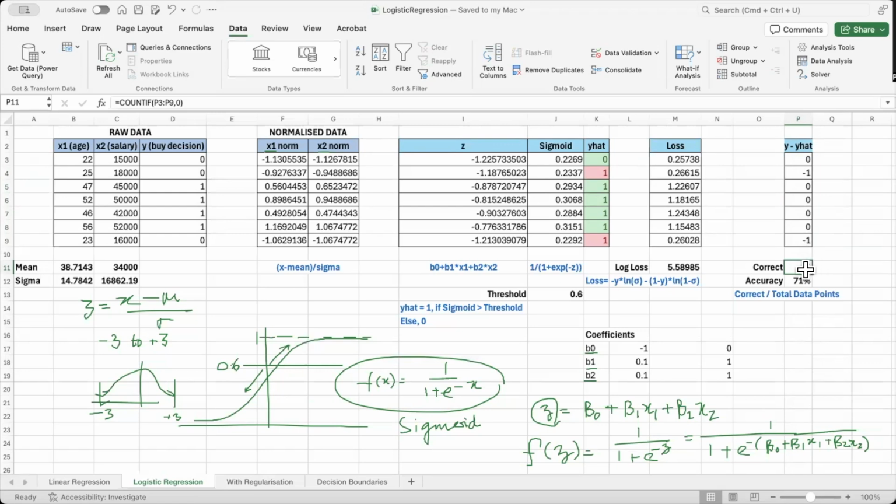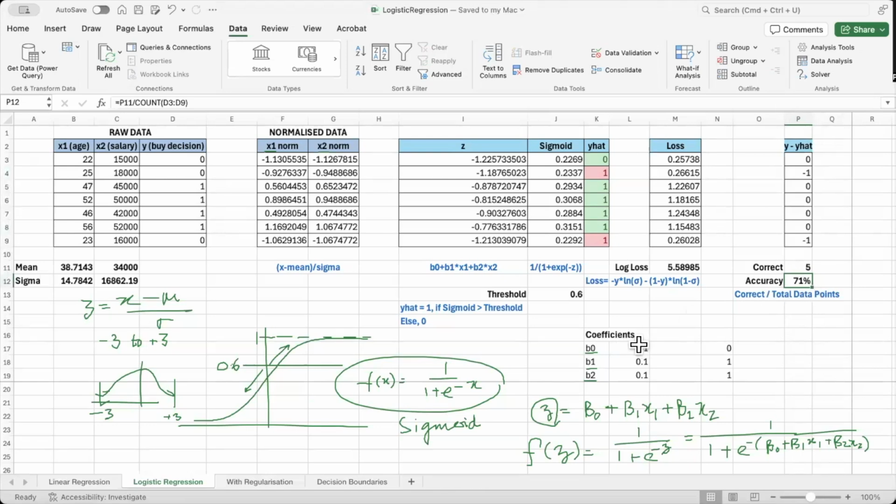The count of the number of zeros tells me the number of correct predictions. So by taking arbitrary values of beta 0, beta 1 and beta 2, I'm getting correct predictions in 5 cases and wrong predictions in 2 cases. So my accuracy is equal to 71%. Accuracy is nothing but the number of correct predictions divided by the total number of data points. So this is my accuracy, 71%.